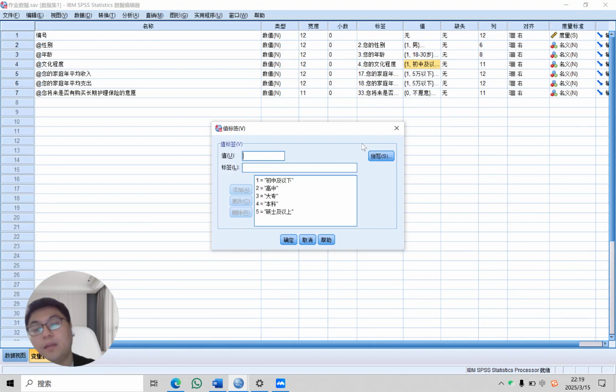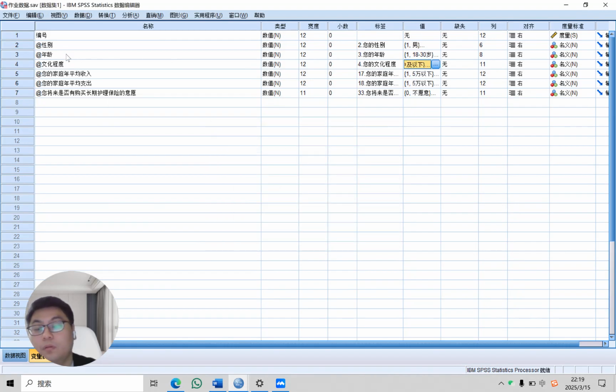Next, the continuous variables, mainly including the average household income and the expenditure. They have specific meaning and are able to perform calculations.